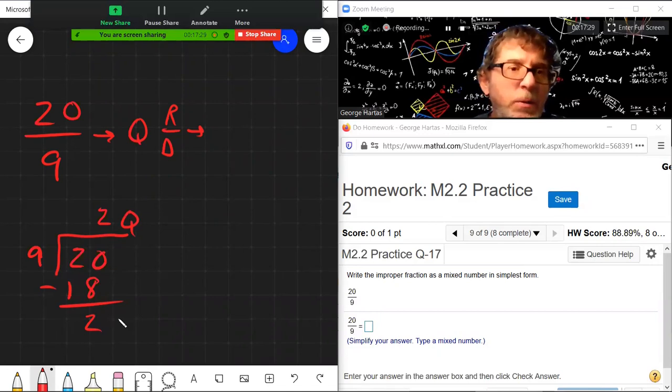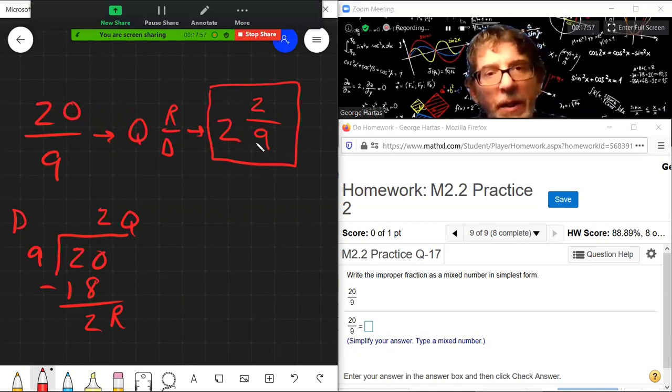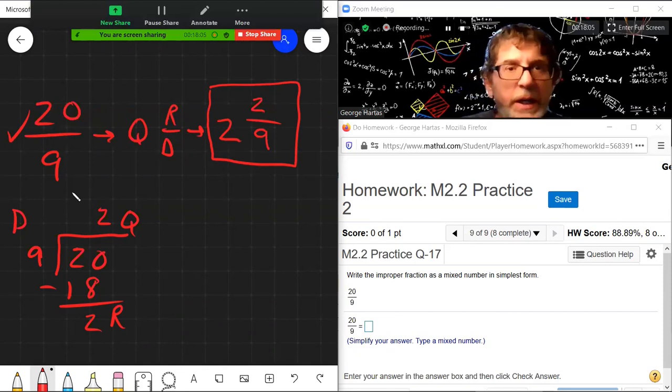Now, Q, R, and D. Q is 2, the whole number part. R is 2, the remainder. Divisor is 9. Let's quickly double check. 2 times 9 is 18, plus 2 is 20 over 9. Check. So let's try it out and see if it works.